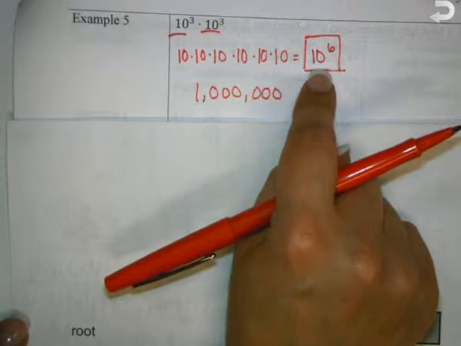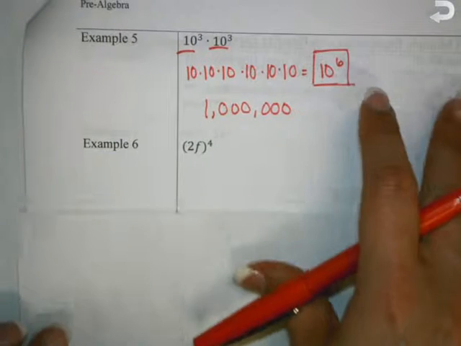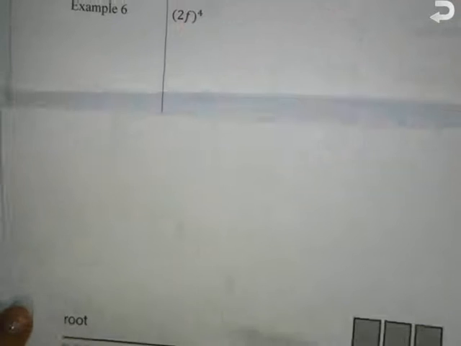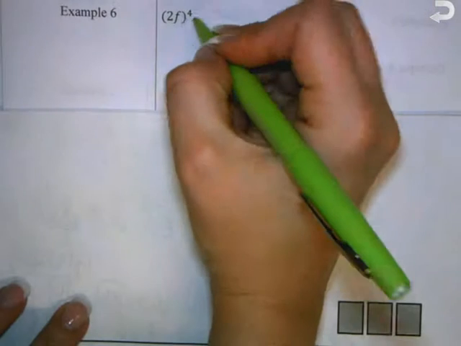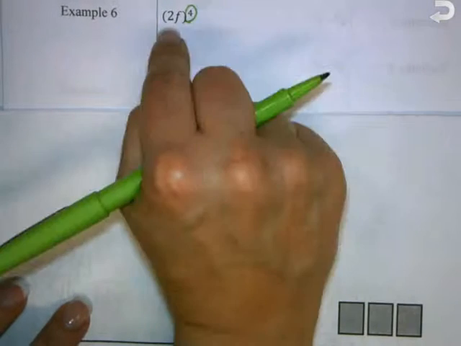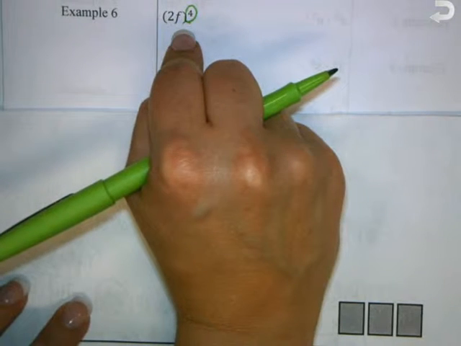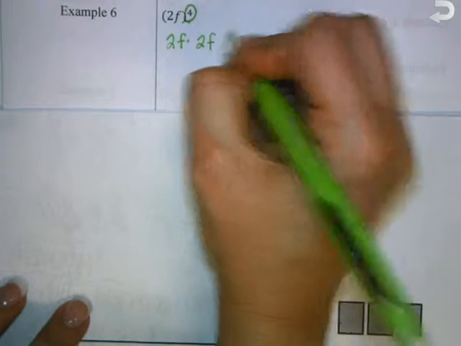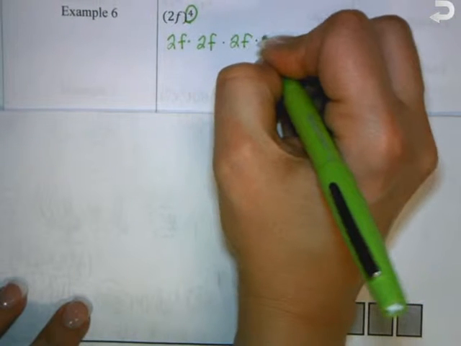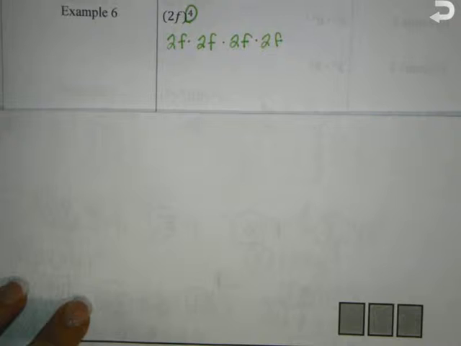Example 6. 2f in parentheses to the 4th power. What is the exponent attached to here? The parentheses. So we're actually multiplying the whole thing by itself. So this is 2f times 2f times 2f times 2f. Now I want to take all of my 2's and put those next to each other.